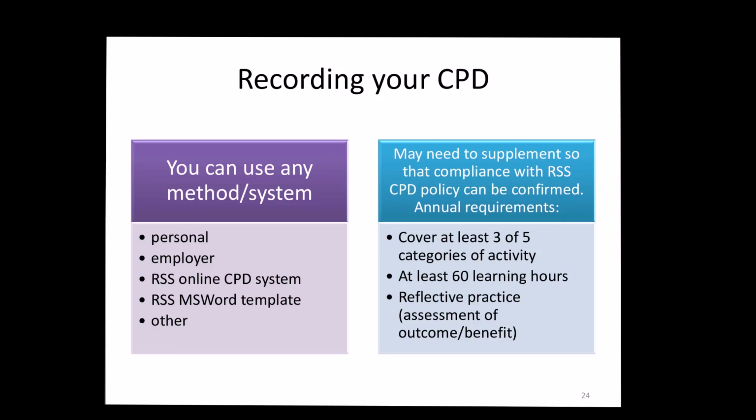There is the online CPD system, which can be accessed through My RSS from the RSS website, and there is a template which can be downloaded from the RSS website. Now, the advantage of those approaches is that if you use those templates and the online system, then by necessity you provide the information which is required for the CPD policy of the Society.